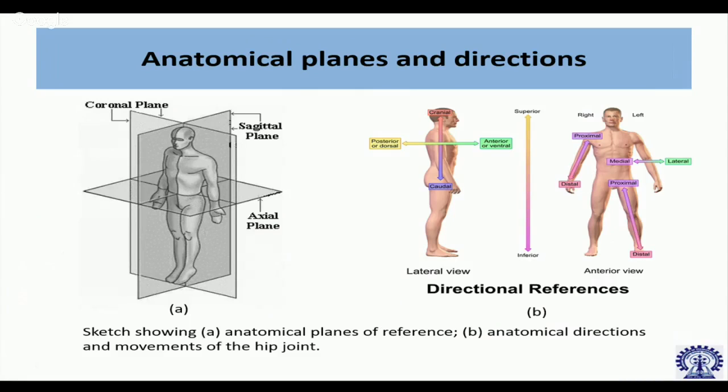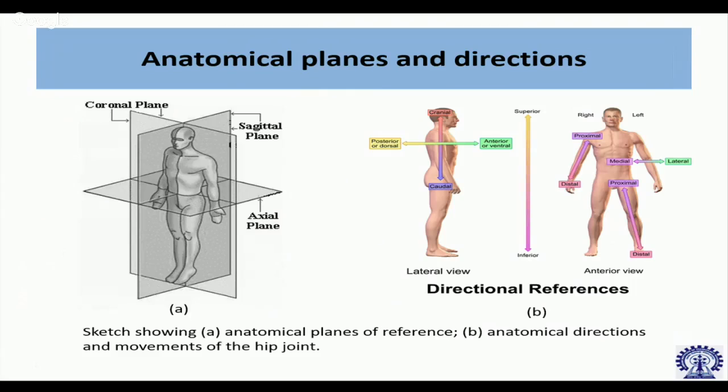Apart from these three principal planes, we have the directions. You can see that it is marked: anterior is towards the front, posterior is towards the back, and these are also sometimes called ventral and dorsal respectively. We have superior, which means top.